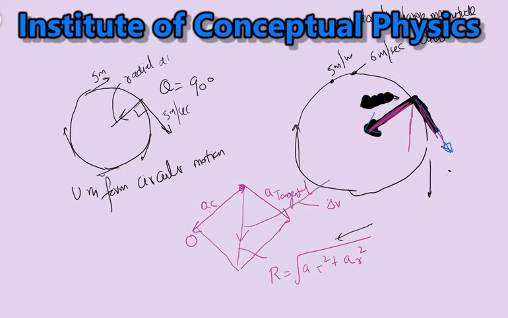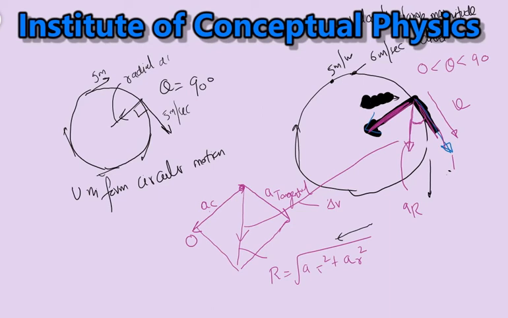If I just draw a parallel analogy, you can see the velocity, which is in this direction, has an instantaneous acceleration, which is the resultant of the centripetal and the tangential. So this is your A resultant. And your A resultant now makes an angle which is between 90 and 0.